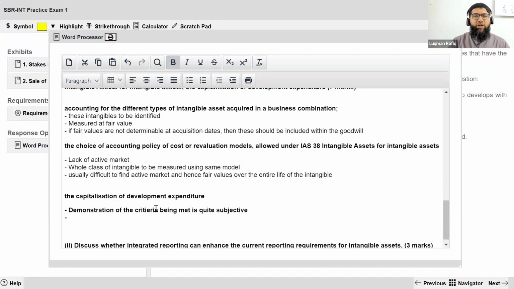Demonstration of whether the criteria are met is quite subjective.